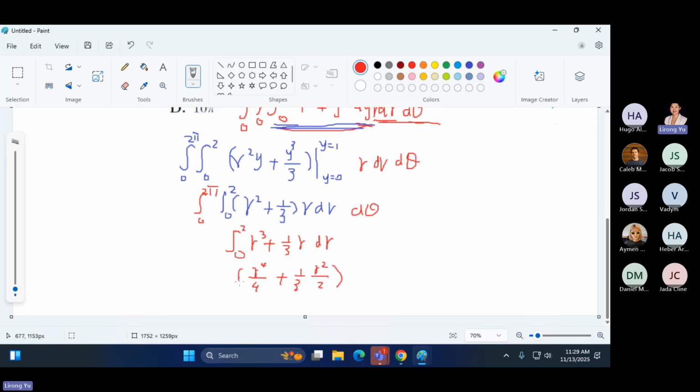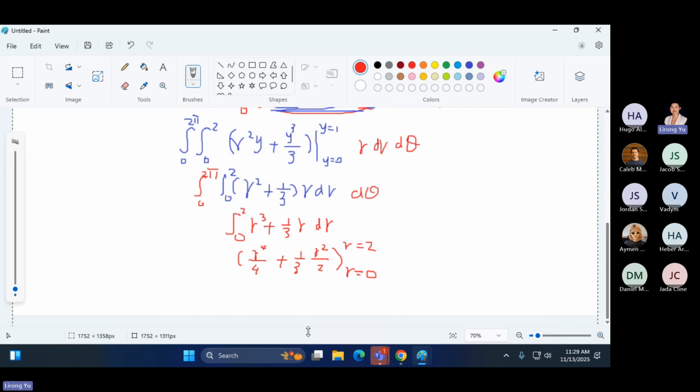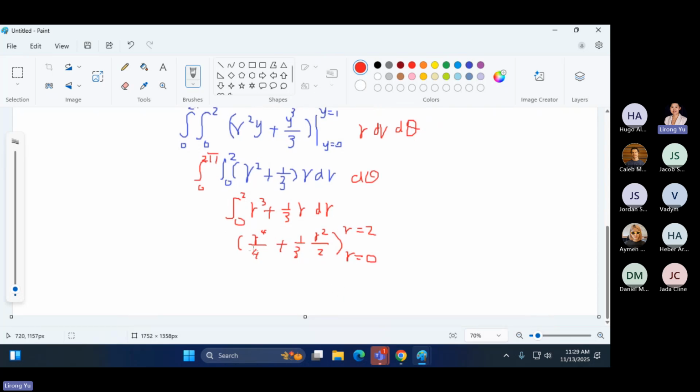Then we evaluate at r equals 2 and r equals 0 and subtract. If we plug in the 2, 16 over 4 is 4. This is 2 squared over 2, that's 4 over 2, so plus 2 over 3.